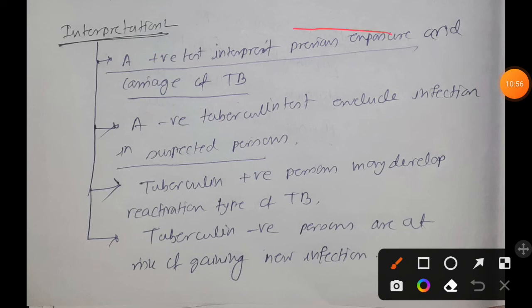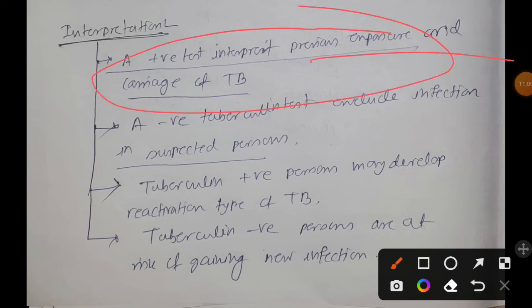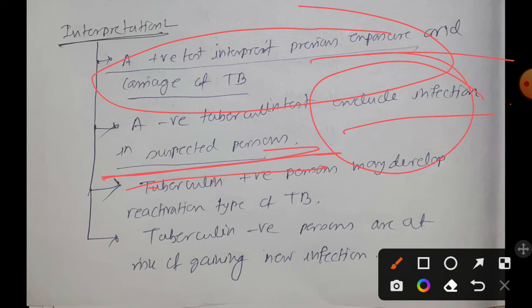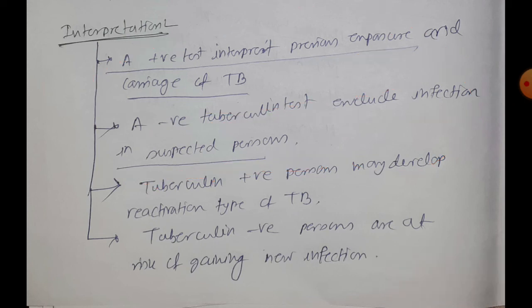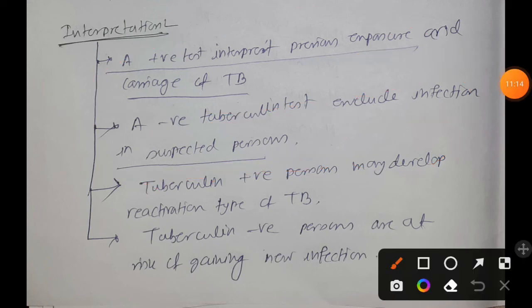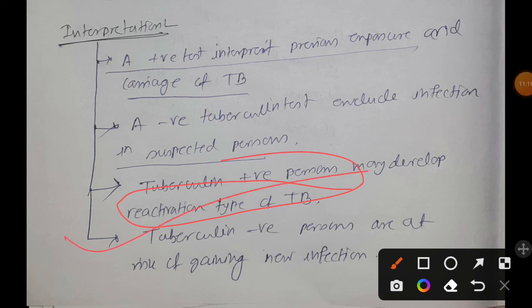So a positive test interprets previous exposure and carriage of TB, and it interprets that a suspected person is not possessing any kind of infection if the tuberculin test is negative. A tuberculin positive person may develop reactivation type of TB, but a tuberculin negative person may develop new infection.